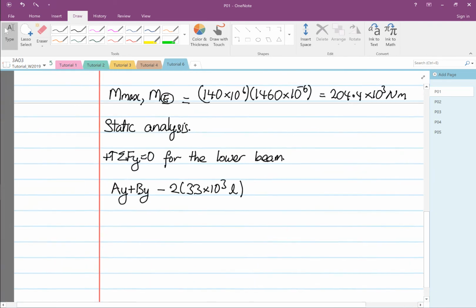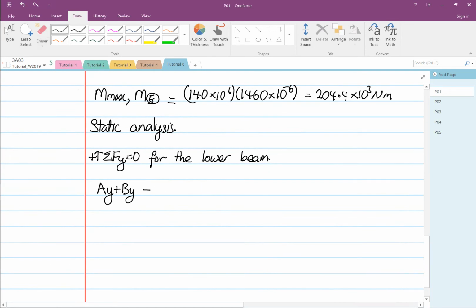So I'll write it here: 2 times 33 times 10 to the power 3 L, then twice again the 66 times 10 to the power 3 times 3 minus L over 2, and the whole thing is equal to 0.